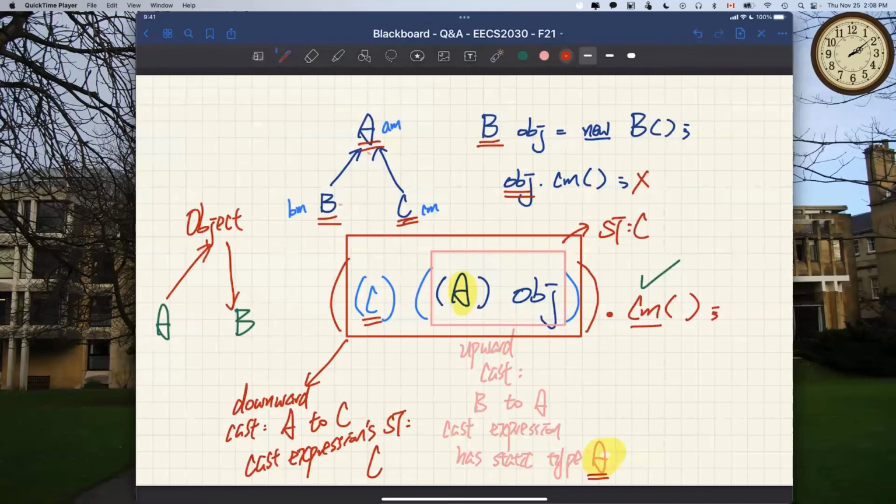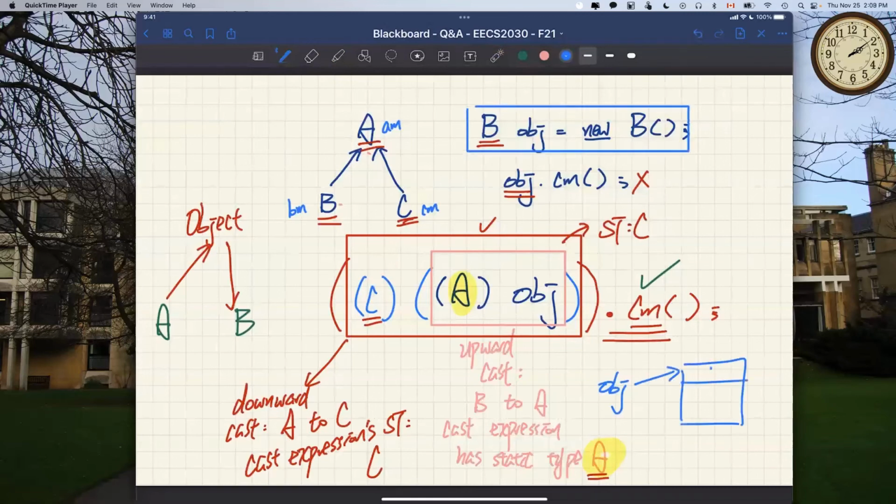Now in this case, if you try to fool the compiler, it allows you to compile this code, but if you execute it, here's what's going to happen. I'm just trying to visualize this original line here. You can see obj is pointing dynamically to some object that's B. Now you're trying to cast that dynamic B into C. You're going to get into trouble.